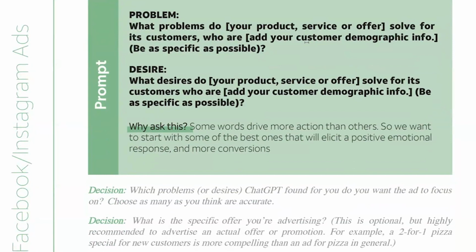It might be first-time home buyers. It can be people who have purchased products from me before. So that would be a particular problem. The desire one would be, what desires does your product solve for its customers? And then you can identify who the demographics would be here. So that's another approach.